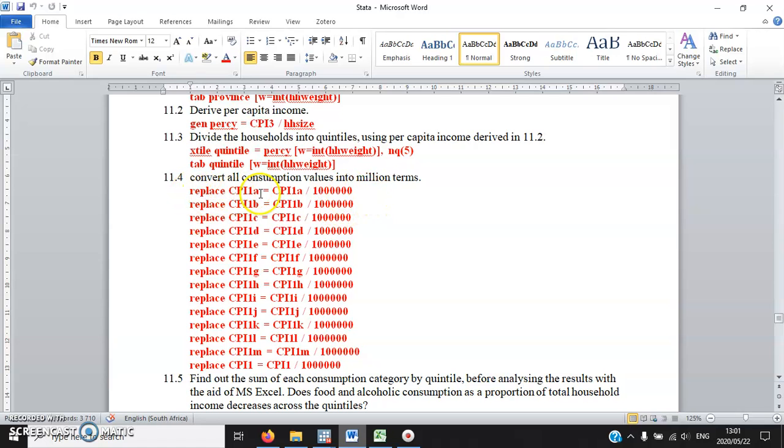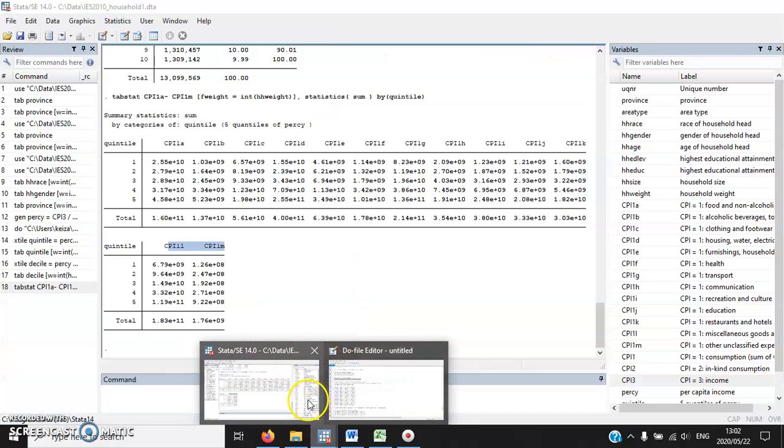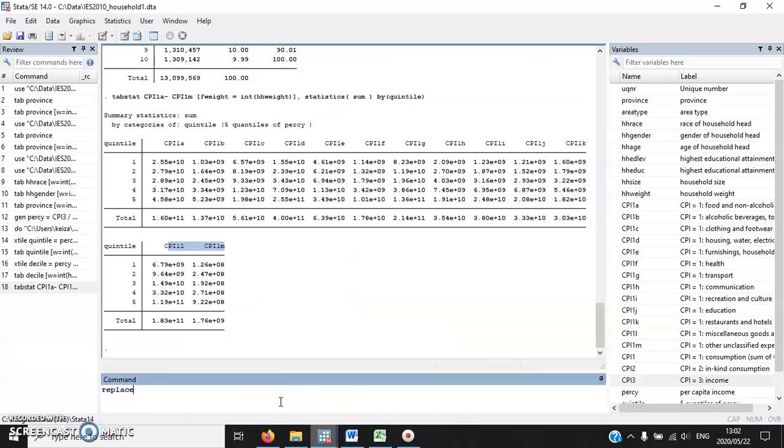I want to replace CPI 1A as the original CPI 1A divided by 1 million. Then the value will be expressed in million terms. Okay, let's do 1 or 2, then I think we can have valid reasons to be lazy and then just execute the commands, okay? So replace the first one is equal to its existing value divided by 1 million.